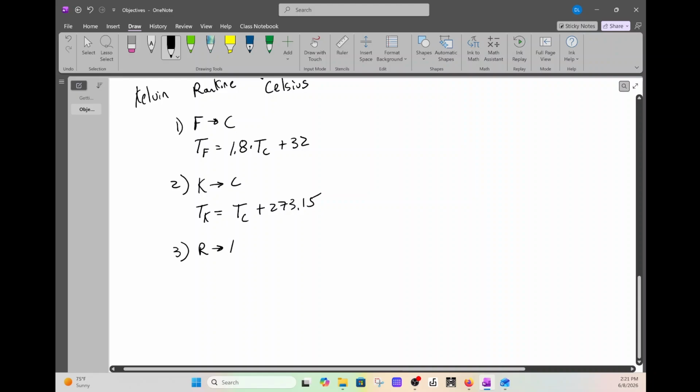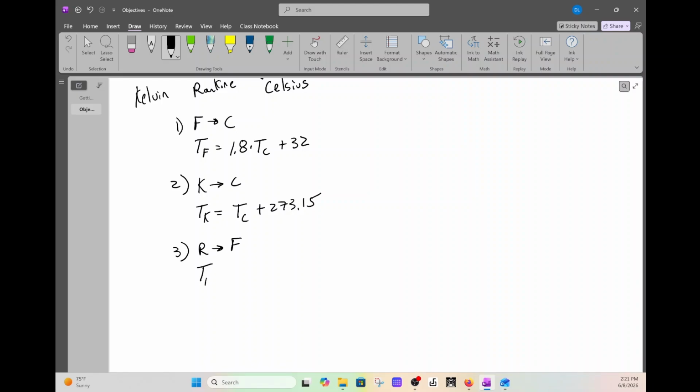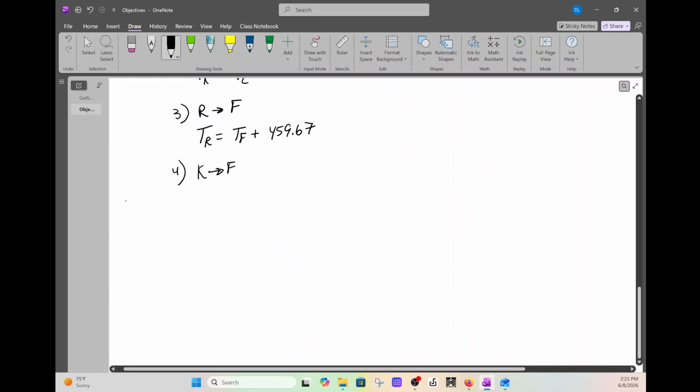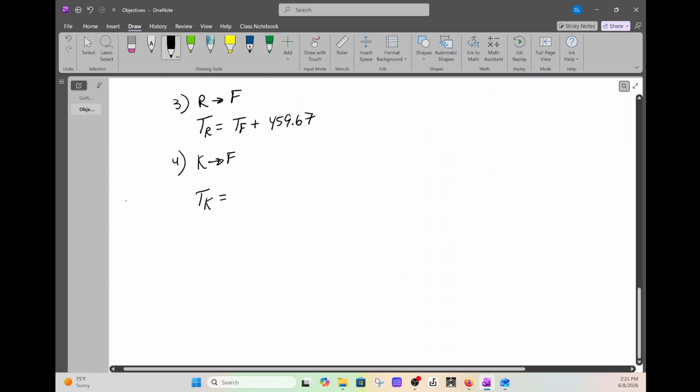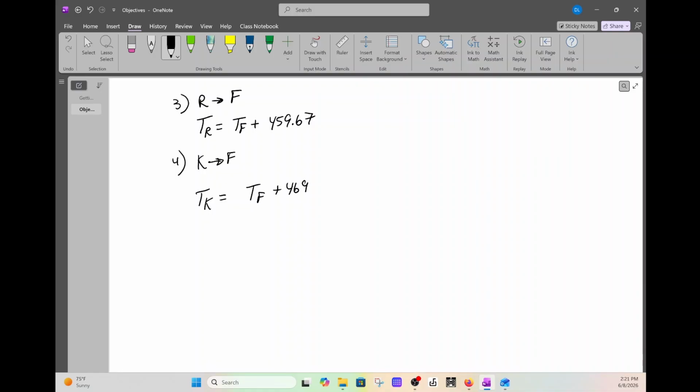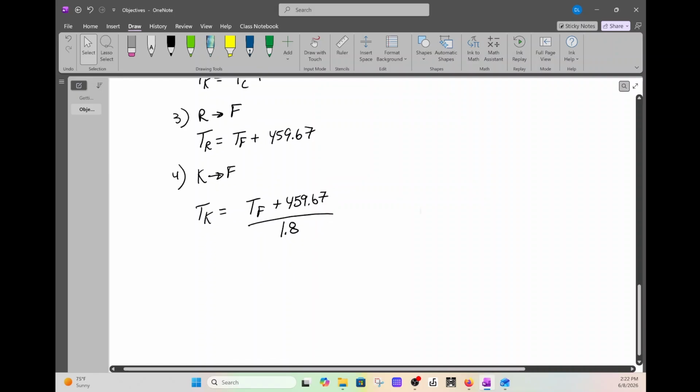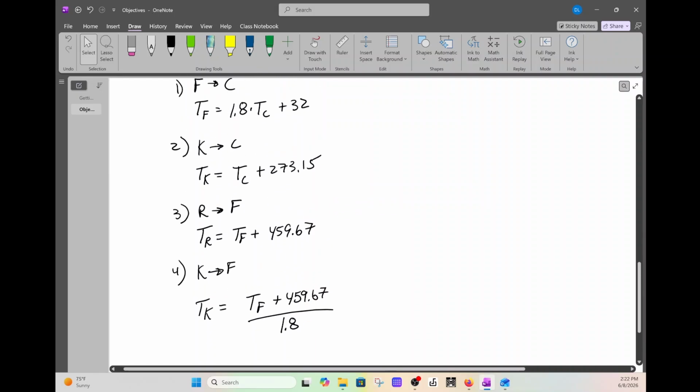If we want to go to Rankine from Fahrenheit, degree Rankine is degree Fahrenheit plus 459.67, and say you want to go from Kelvin to Fahrenheit. Then degree Kelvin is temperature in Fahrenheit plus 459.67, all divided by 1.8. So just conversions.